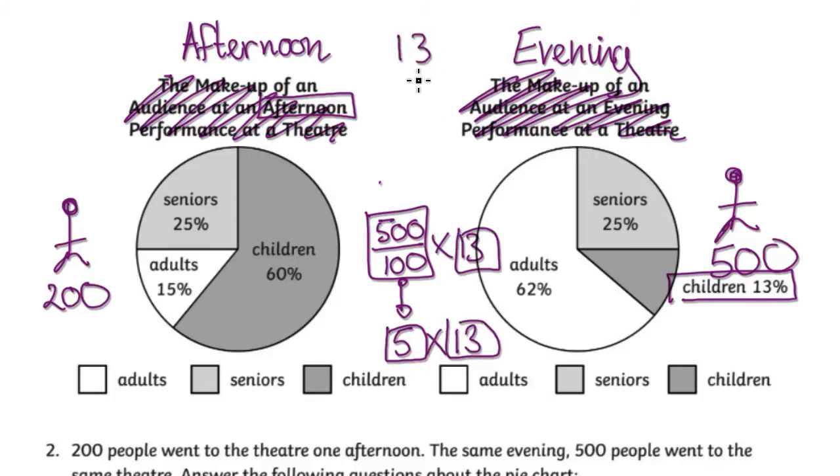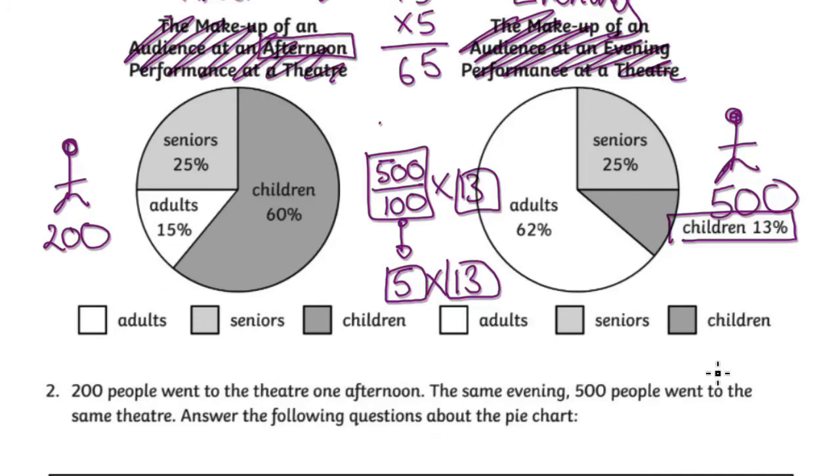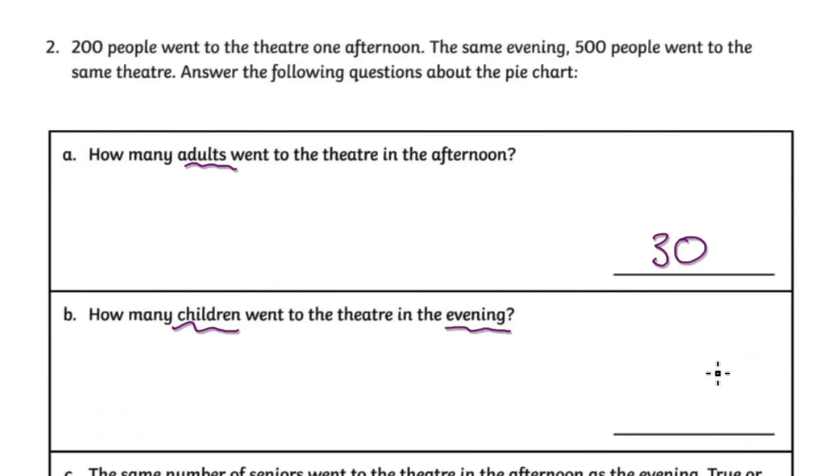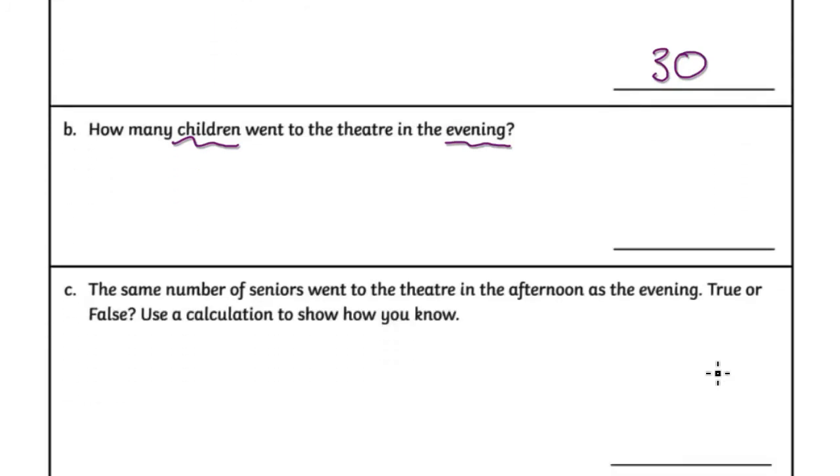Use whichever method you want. 5 times 3 is 15, carry the 1, 5 times 1 is 5, plus the carried 1, that would be 65. So 13 times 5 is 65. The answer here would be 65.